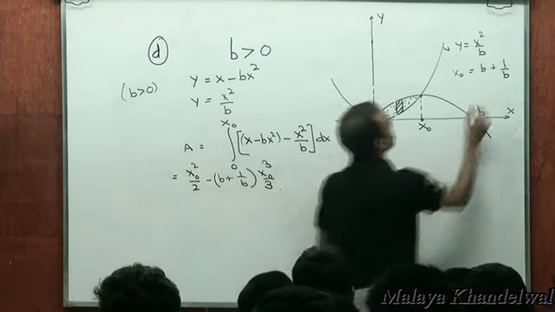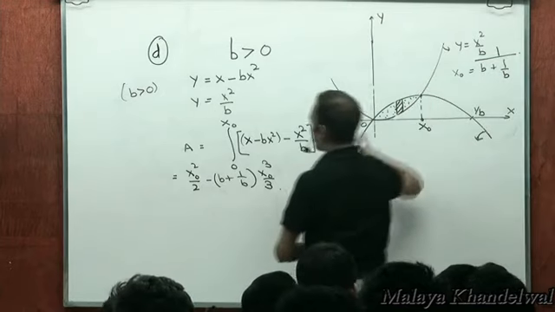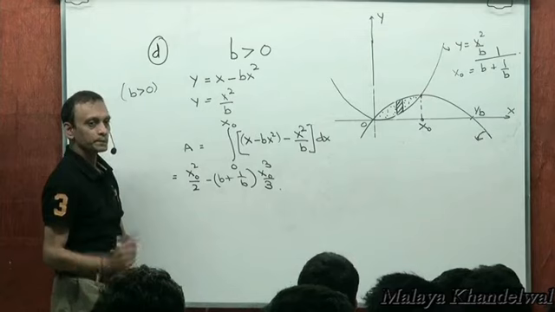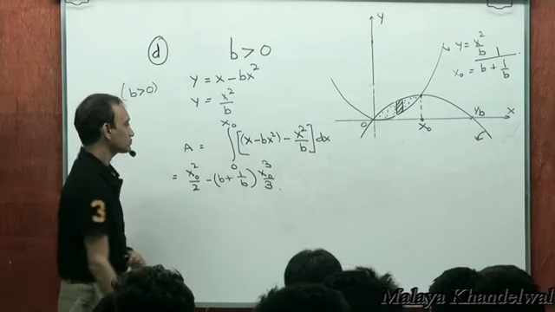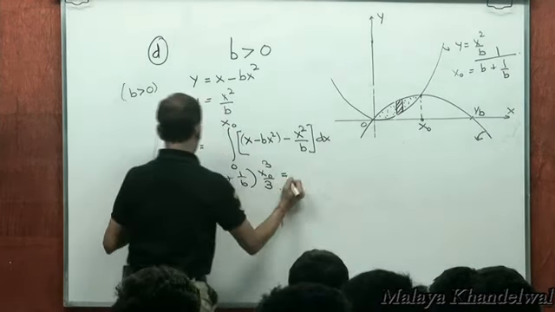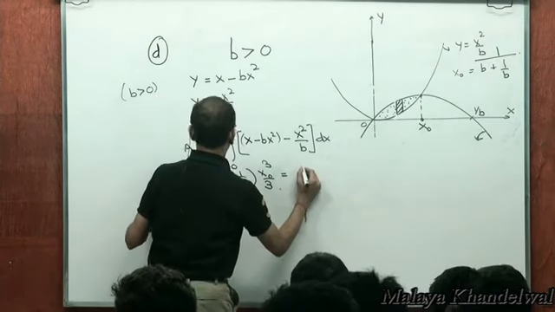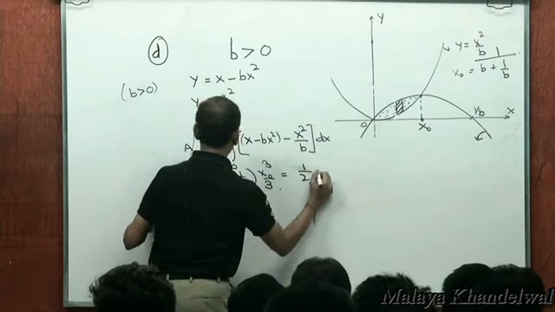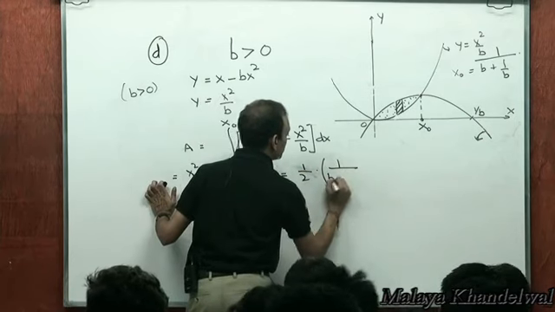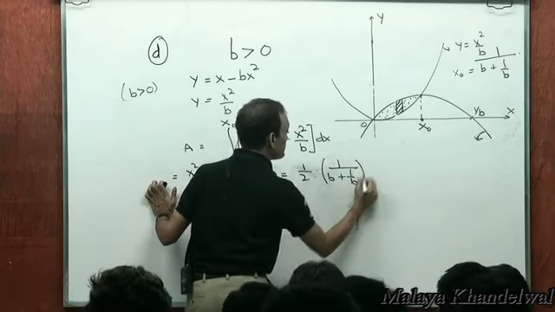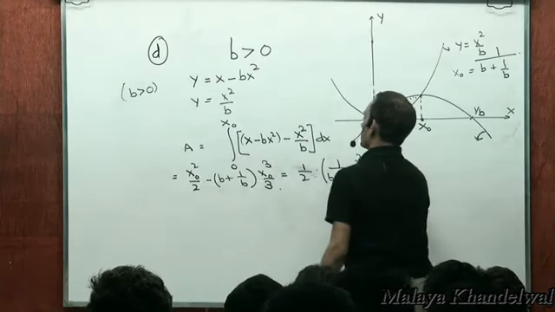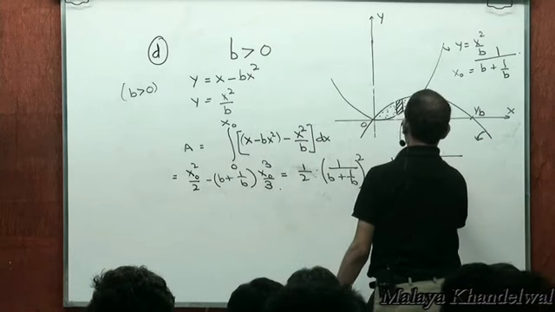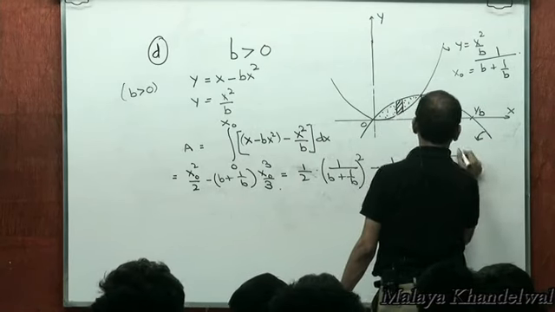Oh, x naught was 1 by b plus 1 by b, sorry, x naught was this, right? So this then is x naught squared, which is half of 1 by b plus 1 by b whole square, minus 1/3 of 1 by b plus 1 by b whole square.